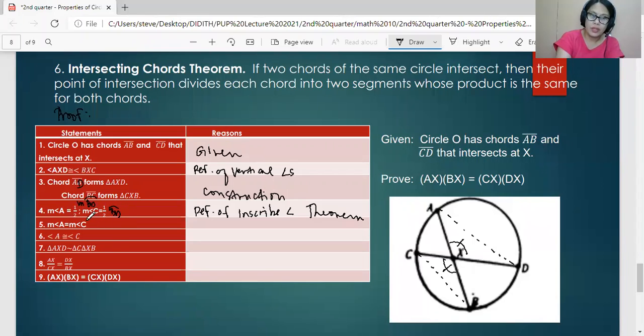Okay, so this is about the transitive property of equality. Now, if the measures of two angles, angle A and angle C, are equal, then we can say that they are congruent. And this is about the definition of congruent angles.